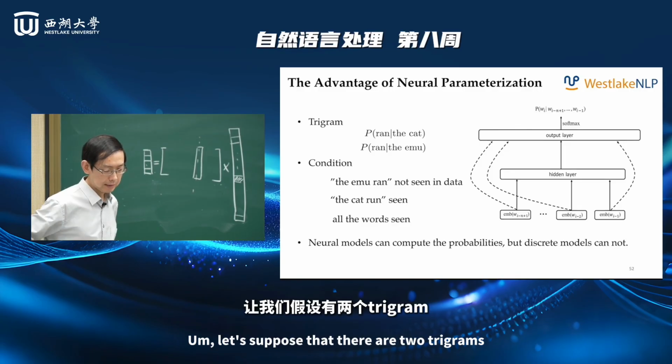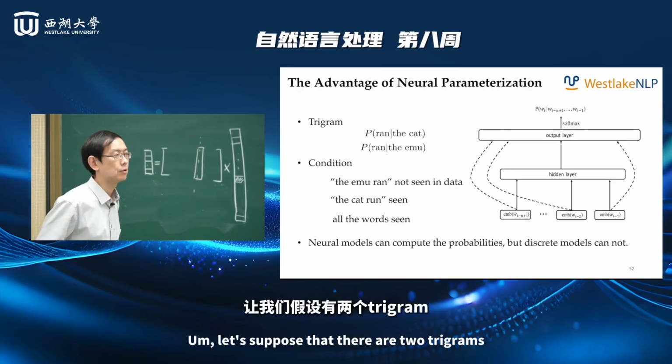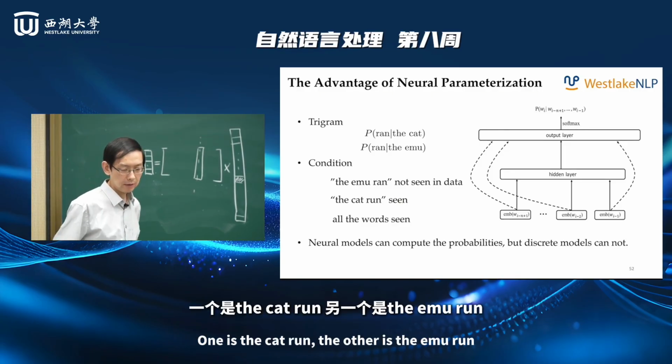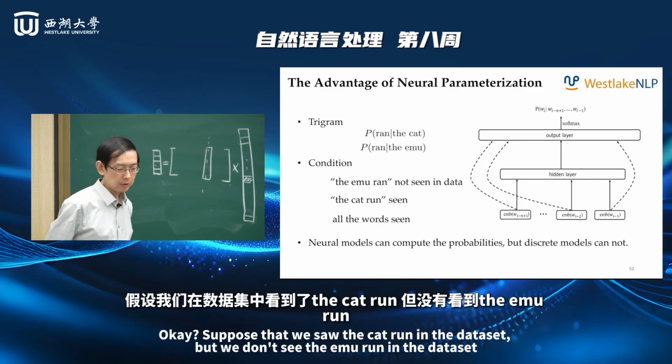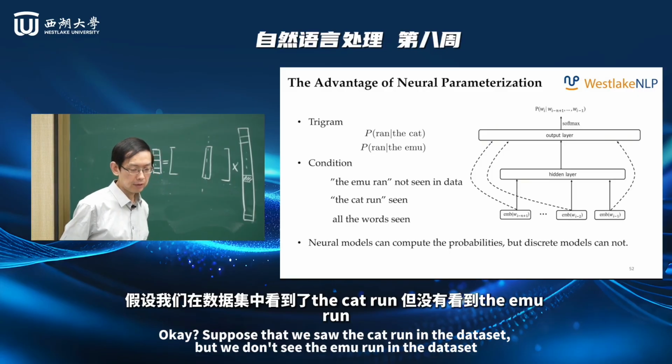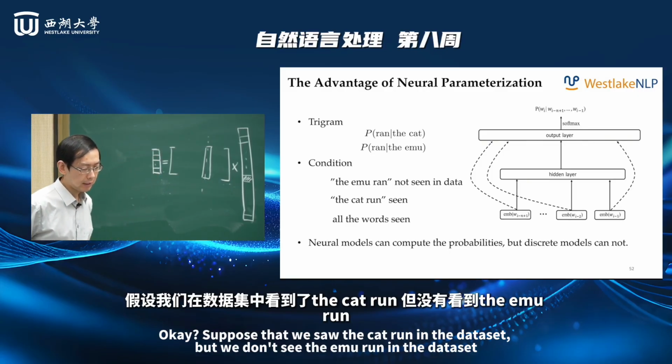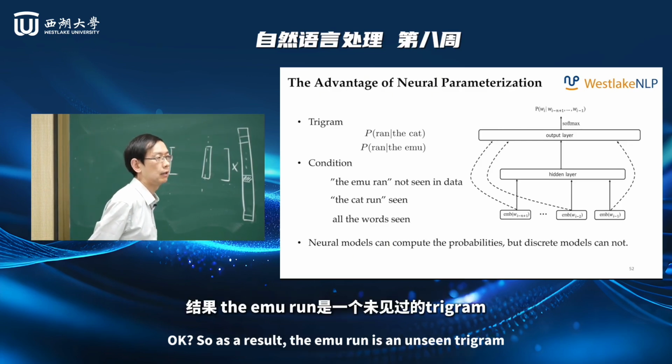Let's suppose that there are two trigrams. One is "the cat run". The other is "the emu run". Suppose that we saw "the cat run" in the data set, but we don't see "the emu run". As a result, "the emu run" is an unseen trigram.